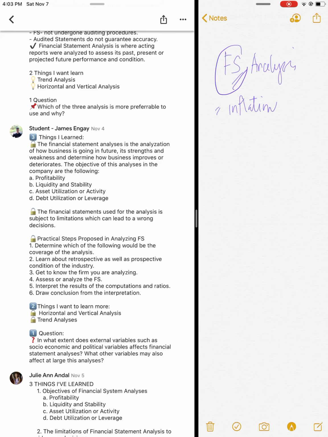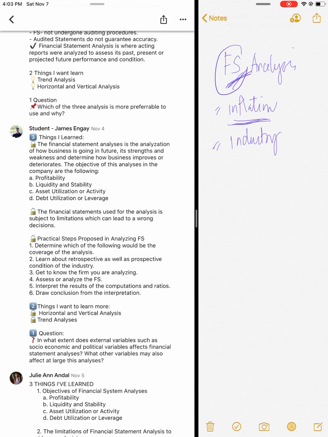There is inflation. The industry. What is acceptable or ano ba yung benchmark or ano yung standard sa industry? Okay, bakit yung inflation isa sa kino-consider natin? We have to recall that financial statements may limitation siya.